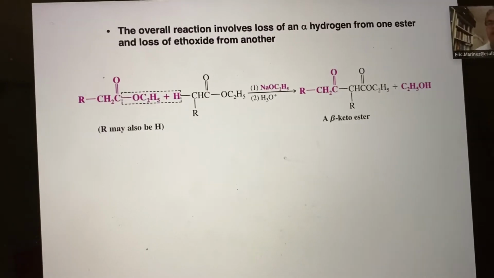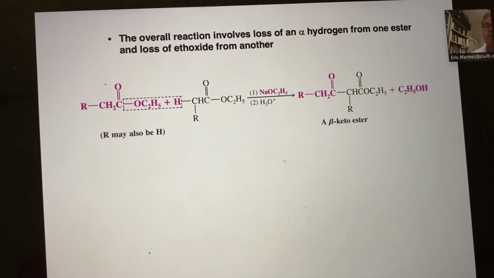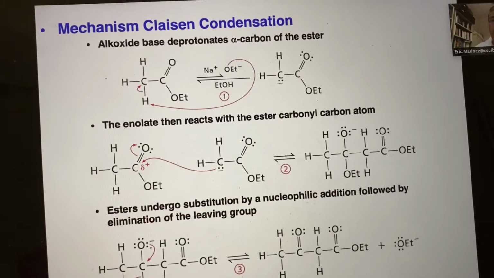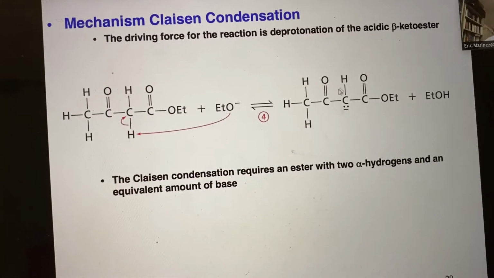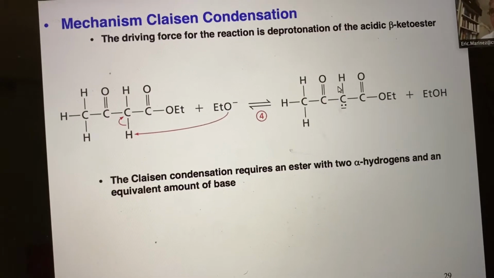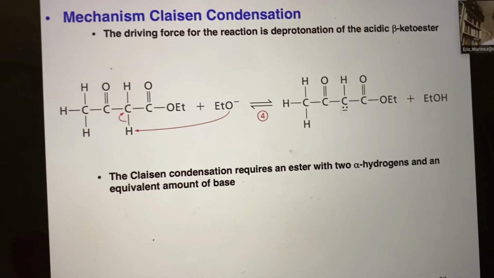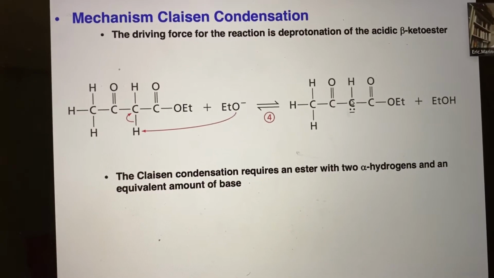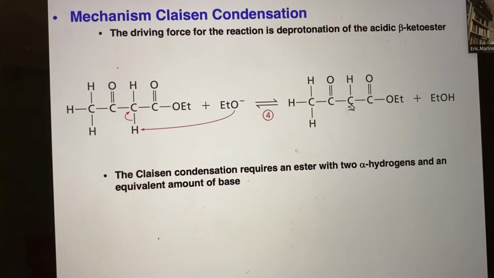Okay, so yes, under the reaction conditions in the first step, the driving force is deprotonation to generate this guy. Once the reaction's done and I'm ready to work it up, I'm going to quench it with acid just to protonate this position here to give me the final product, which is neutral.